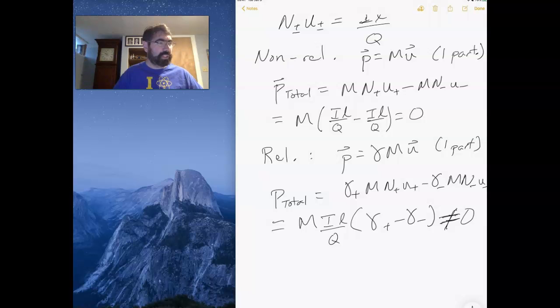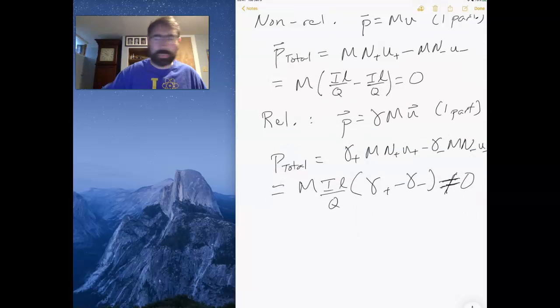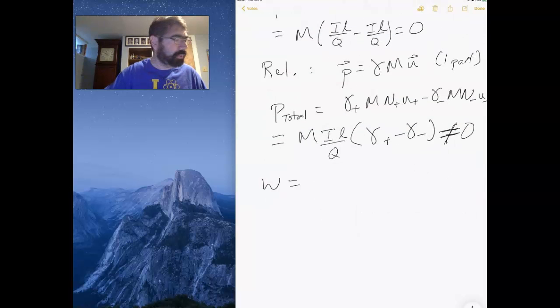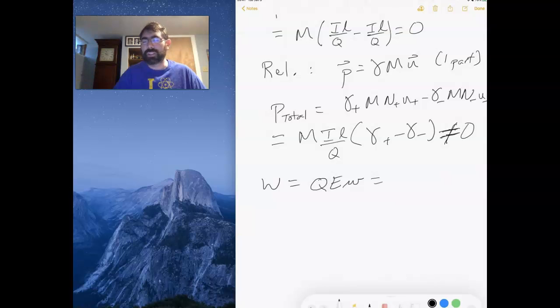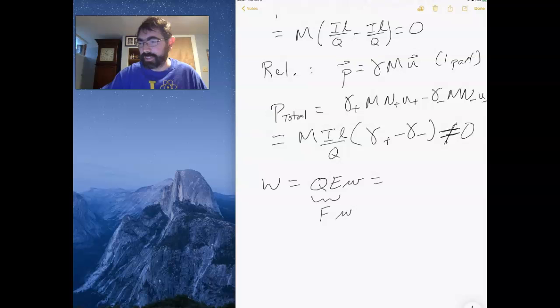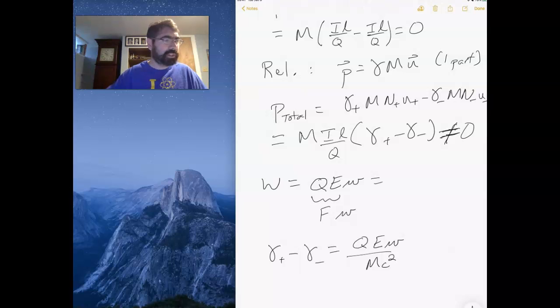Now, if we look at the work that's being done, the work is equal to the force times the length. So the force is QE, and this is the length W. So that's the amount of work being done, moving the charges, either pushing them up or slowing them down as they come down. If I now look at this, gamma plus minus gamma minus is equal to QE, the width, divided by mc squared.